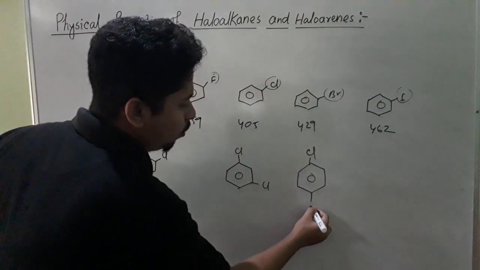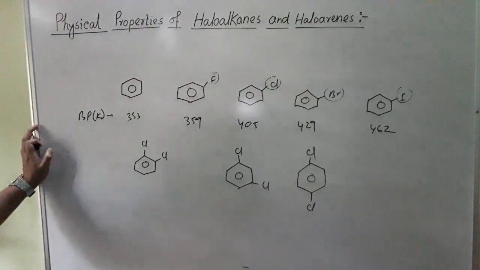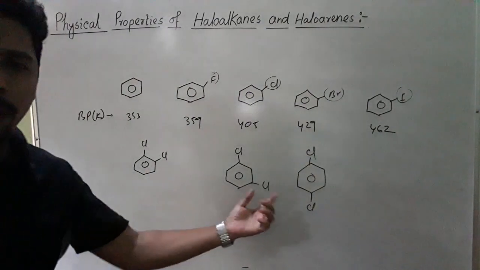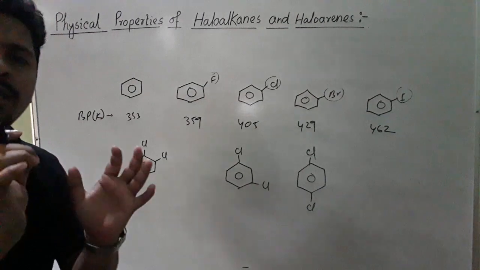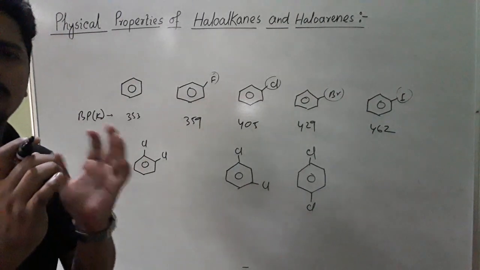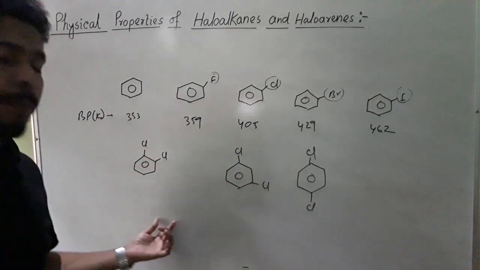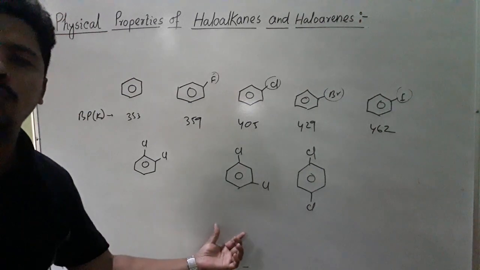all these molecules are isomers. For these isomeric dihaloarenes, their boiling points are somewhat similar, but their melting points are quite different.